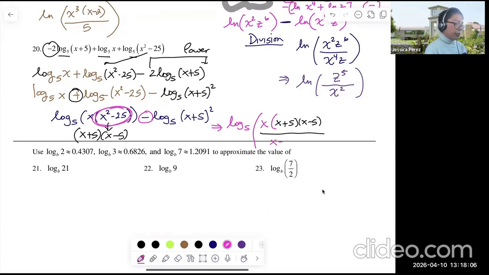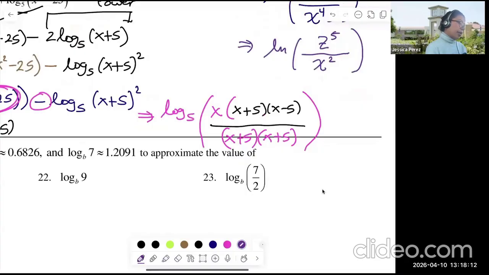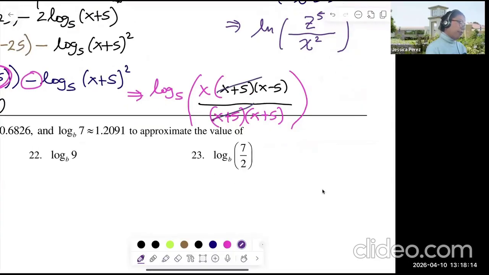That means two copies of x plus 5 times x plus 5. Finally, I simplify an x plus 5 from the top and the bottom. I'm left with log base 5 of x times x minus 5 all over x plus 5. I'm able to do that because I'm using the difference of squares.